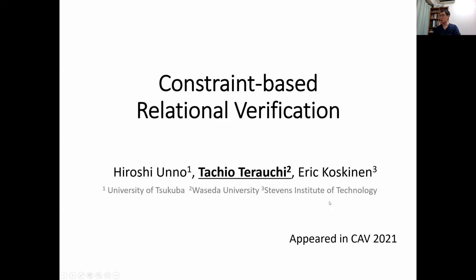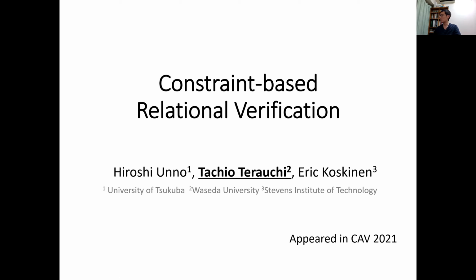How do I do this? Let me do this. Okay. So here we go. Is this working now? Yes, that's great. Okay, good. Is the laser pointer working? Okay, yes. Good.